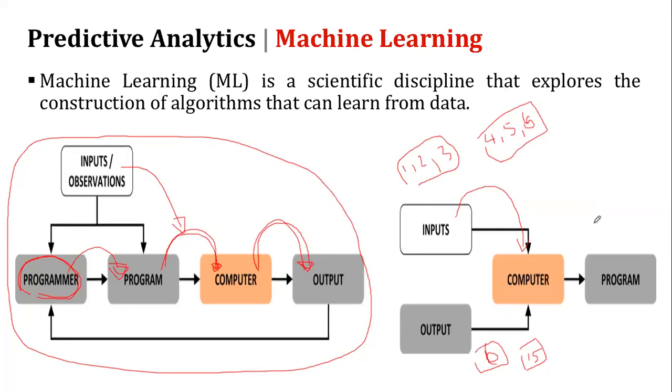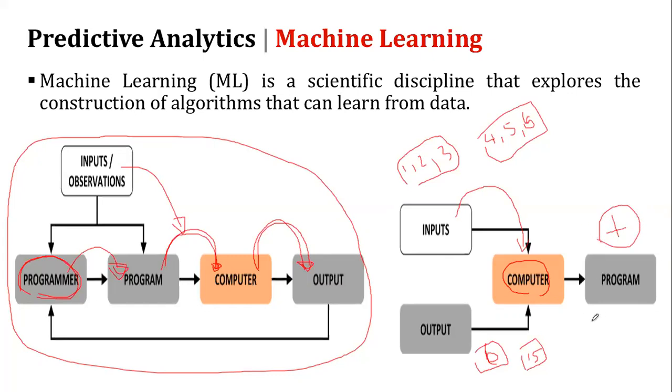So I don't tell the computer to come up with the total. I don't give any instruction. I only feed the input and output, right? Then the computer is able to compare these two and say, okay, this is the total.